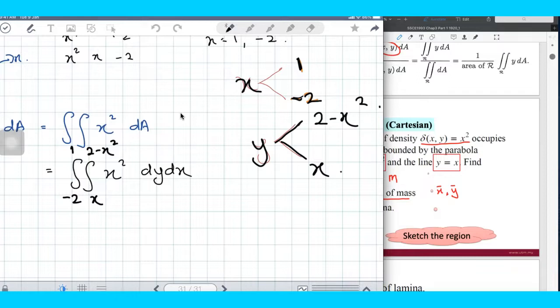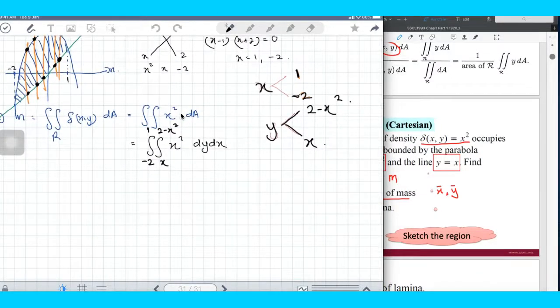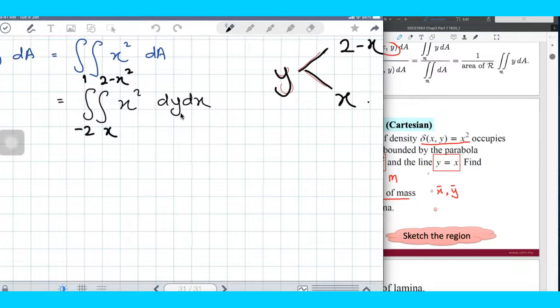Now we can evaluate the mass, which is the double integral. First we integrate with respect to y, so x squared is a constant. You have y from y equals x to y equals 2 minus x squared, dx.